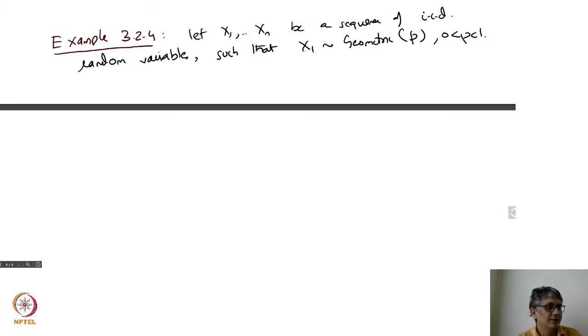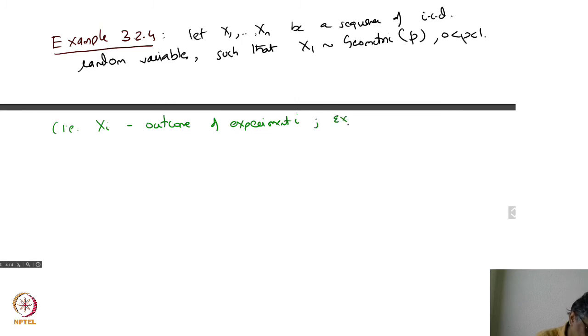So, suppose I want to understand a certain chance. Let me ask you a question. What does this mean? I'm repeating n experiments and waiting for the time to get the first success. That's what geometric is. So let's write this down. The background we have in our head is that Xi is the outcome of experiment i. And what is the experiment?